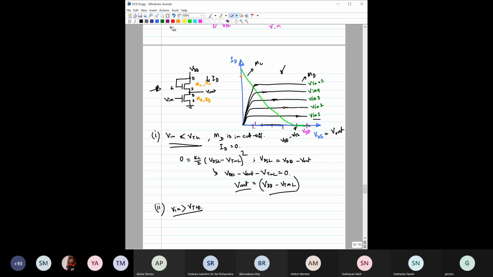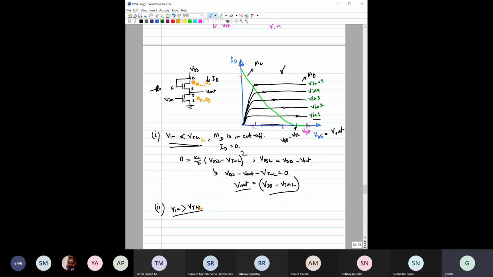Tarun? So I think it should be VTH load. True. So it is VTH load, right? So when V in is greater than VTH load, right?